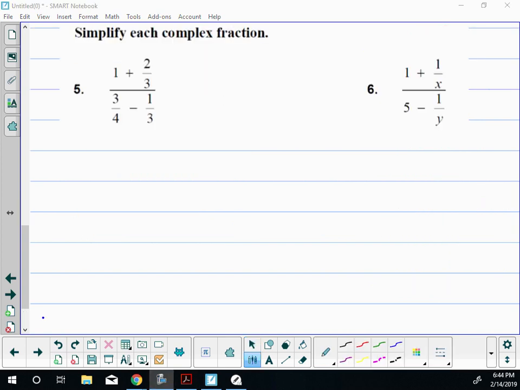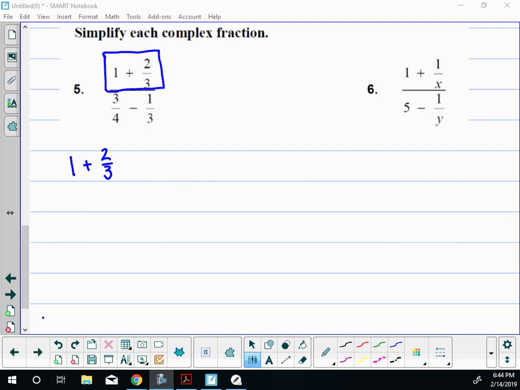5 and 6, I would say, probably gave people the most trouble. What you need to remember about these is that you're only dealing with a portion of it at a time. Only deal with the top for a minute. Ignore everything else. So you have 1 plus 2 thirds.